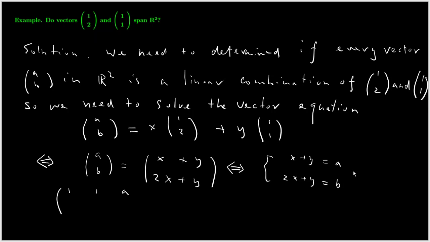And the second row is 2, 1, and then b. This is the augmented matrix of the system. We perform elementary row operations on the augmented matrix to determine if the system has a solution or not.